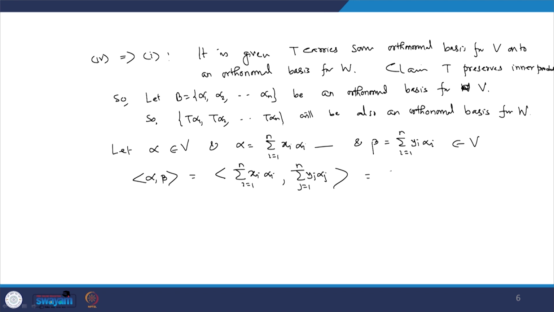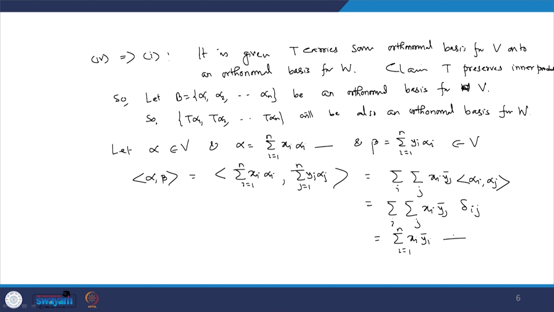So, this is equal to sigma over i and j of xi yj bar times inner product of alpha i alpha j, which is equal to sigma xi yj bar delta ij. So, this is simply sigma xi yi bar, i from 1 to n.